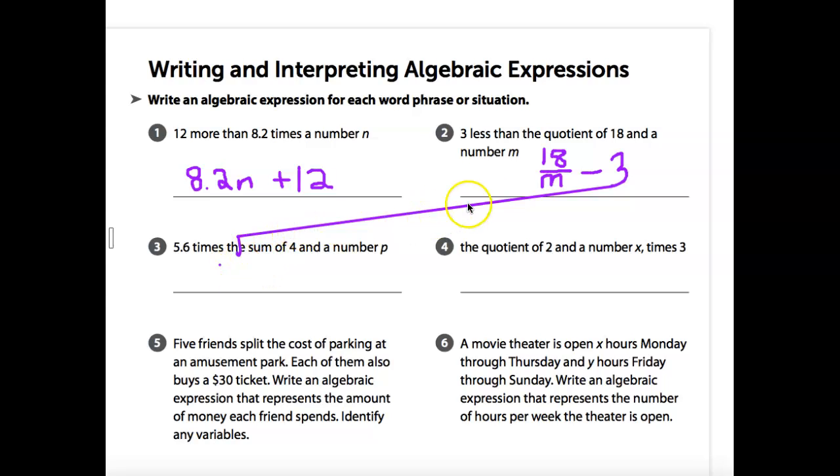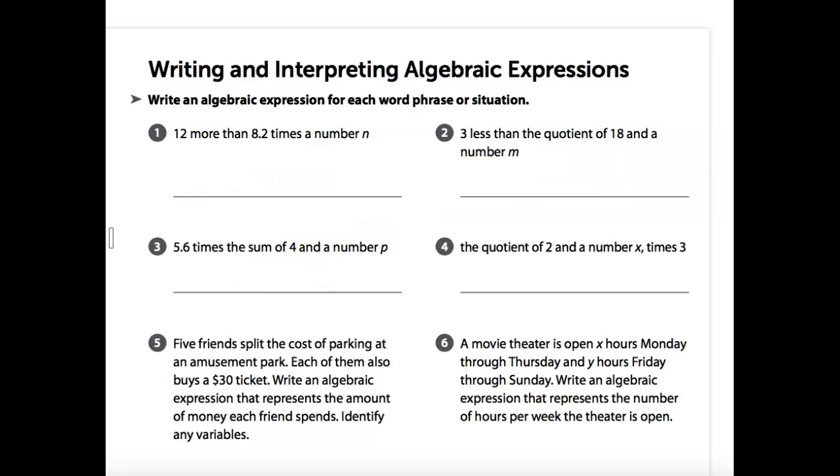If I try to erase that line, guys, the whole thing goes away. So I'm just going to leave it. So we have to write in here the sum of 4 and a number p. Oh, there it went away. Well, you should still have that on your screen, though. All right, so 5 times the sum of 4 and a number p.